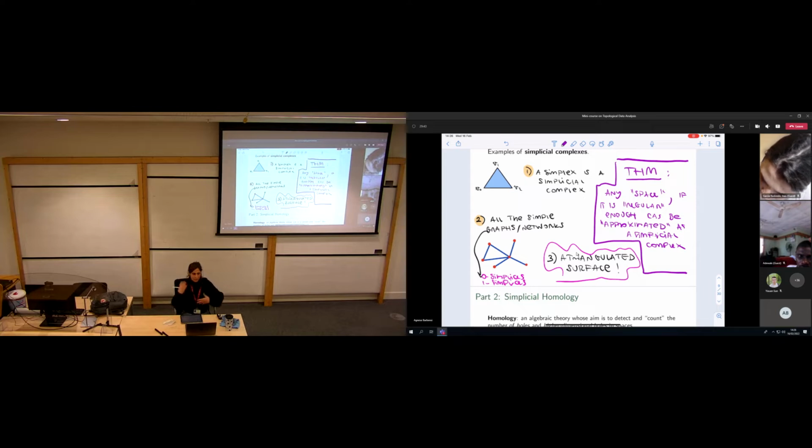Any space we might be interested in studying is likely going to be regular enough under this definition, so we can approximate it as a simplicial complex. Okay?